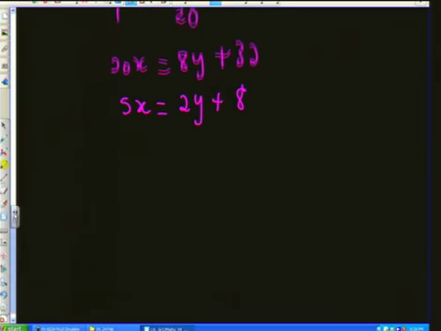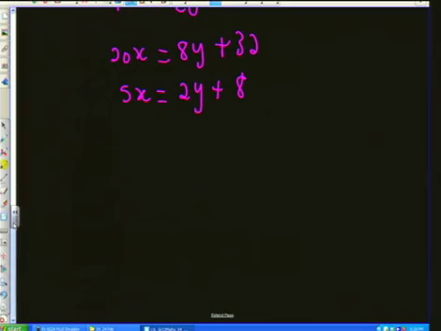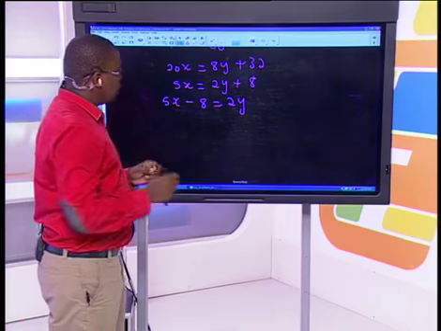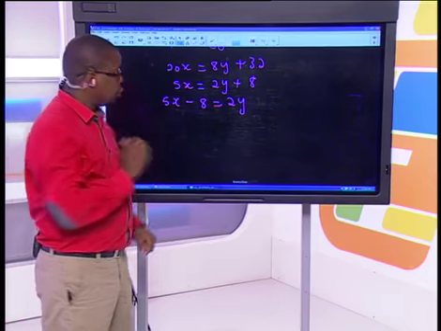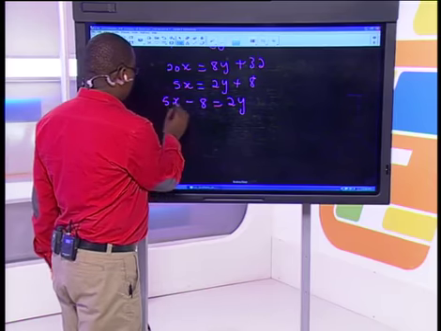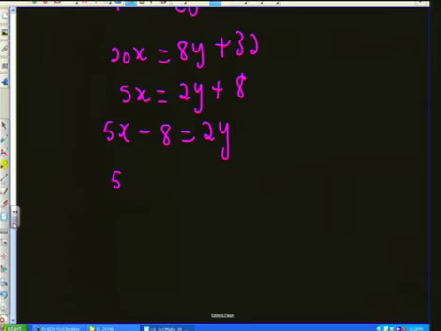And I want to make y the subject of the formula. So I've got 5x minus 8 equals 2y. Now I want to get y on its own, so I'm going to divide through by 2. So if I divide by 2, I get 5x divided by 2, minus 8 divided by 2, it's 4, equals y.